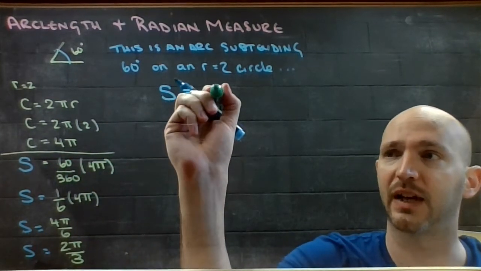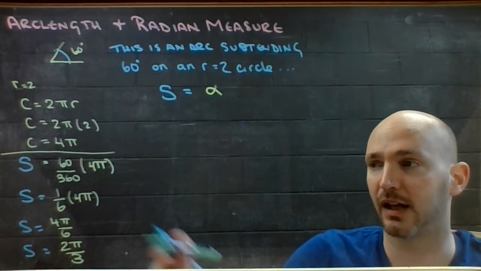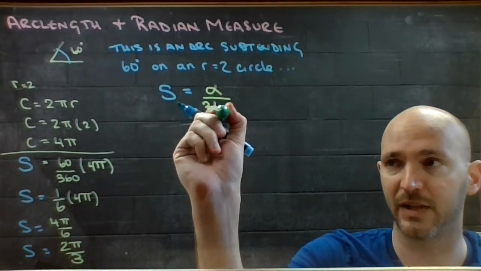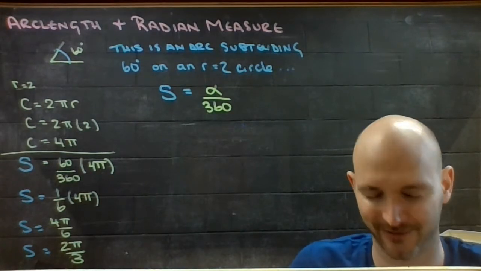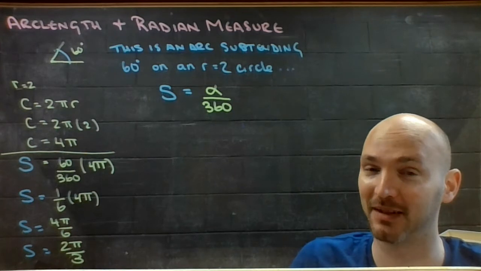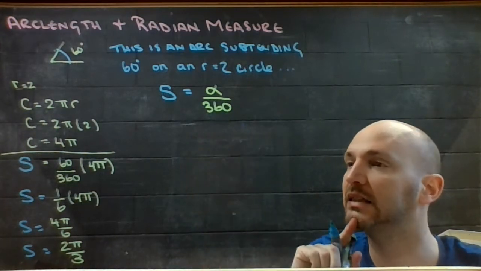So I'm going to use an alpha for the size of that angle. And it was divided by 360 because there are 360 degrees in a triangle. By triangle, I mean circle. They are not the same. There's 360 degrees in a circle, so that's why we have that there.